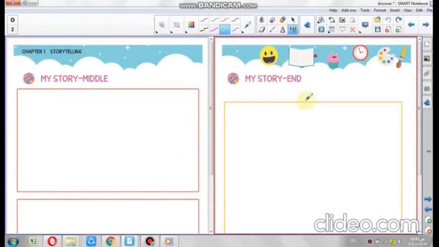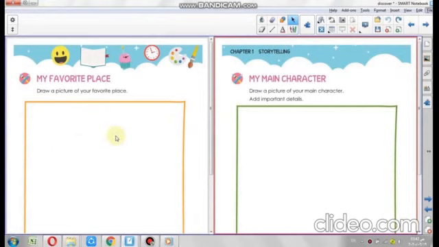This story helps us to draw things here. The place of our story is what? It is a garden. I can draw a garden here.